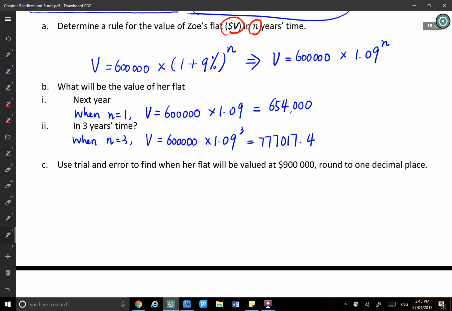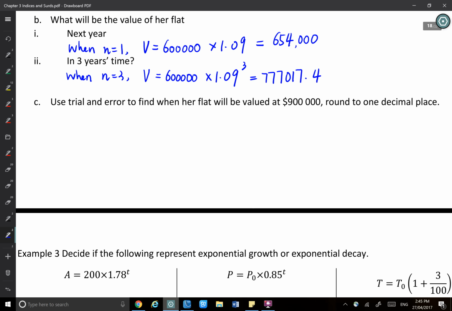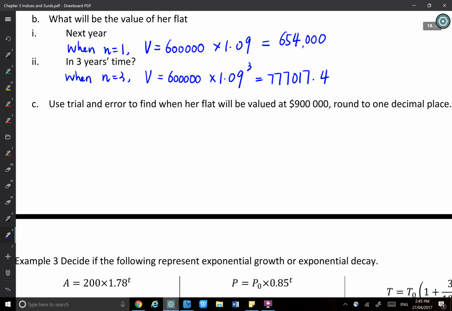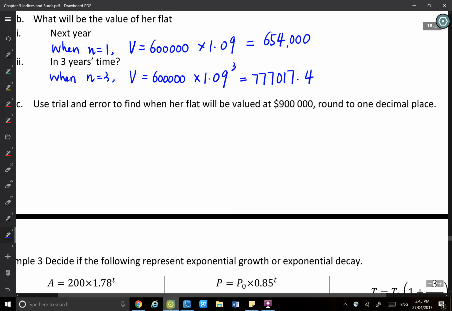The next one will be a little bit tedious to do. It's not a hard question, but it's quite tedious, because it's asking you to use trial and error to find when her flat will be valued at 900,000, rounded to 1 decimal place.